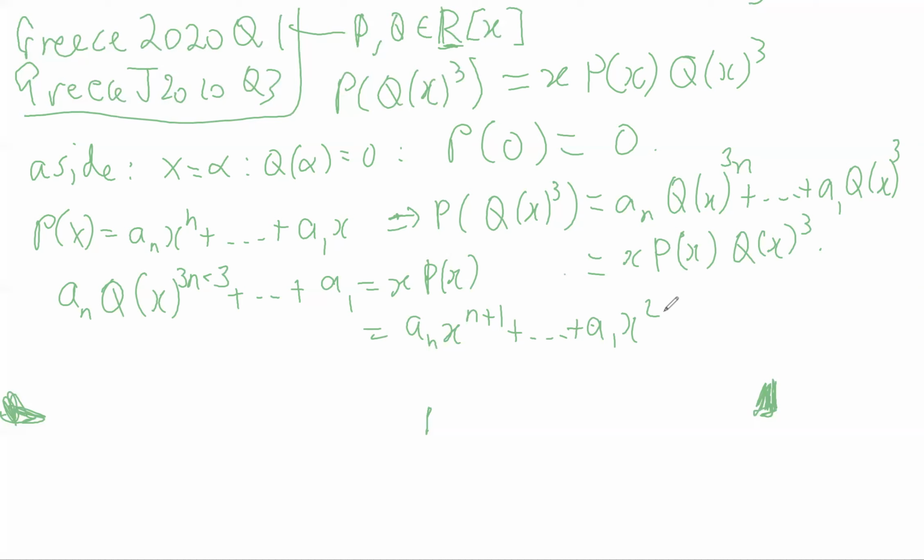The problem here is Q is to the power of 3n minus 3, and here the x is only to the power of n plus 1. So n has to be a pretty small number for that to work, and that's assuming that Q doesn't already do something.